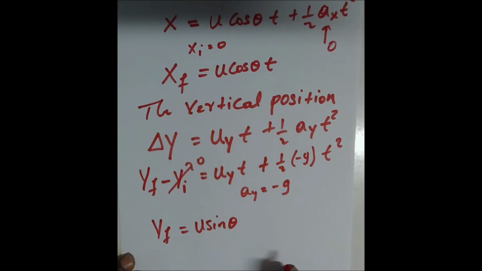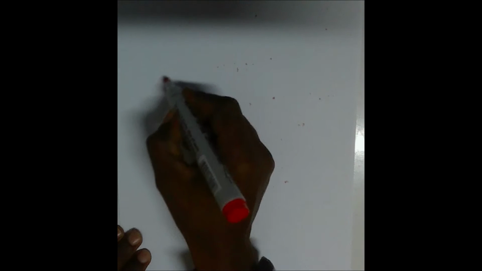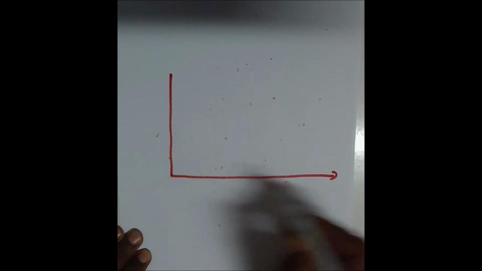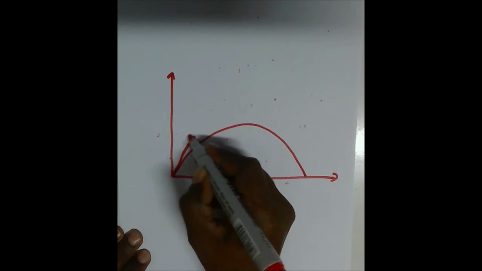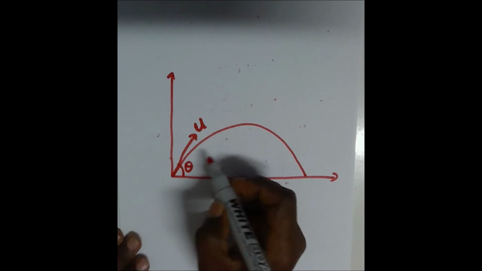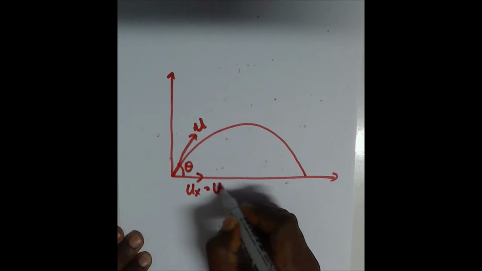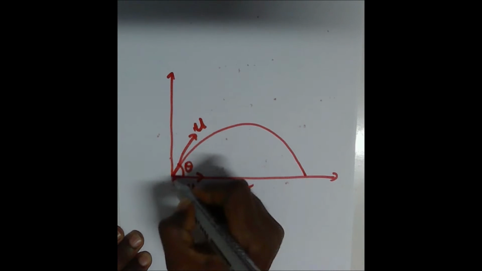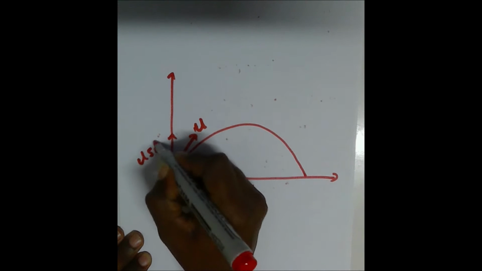This comes from the two components, as I told you before. Let me show you again. In a projectile motion, this is the trajectory, and this is the angle theta. The horizontal ux is equal to u multiplied by cos theta, but the vertical one is equal to u multiplied by sine theta.